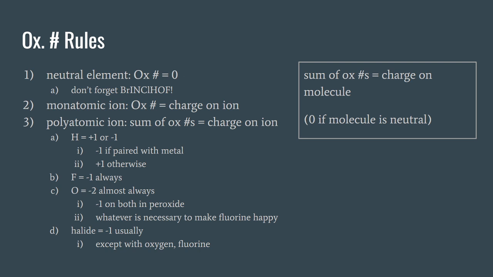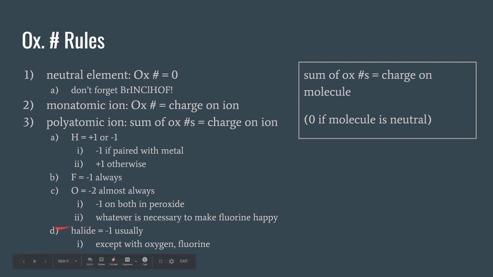And thus, -1 plus -1 adds up to the charge of -2 on the ion. If oxygen is bound to fluorine, then oxygen will do whatever is necessary to make fluorine happy. Fluorine is the god-awful boss from hell. You do whatever it takes to get fluorine to shut up.